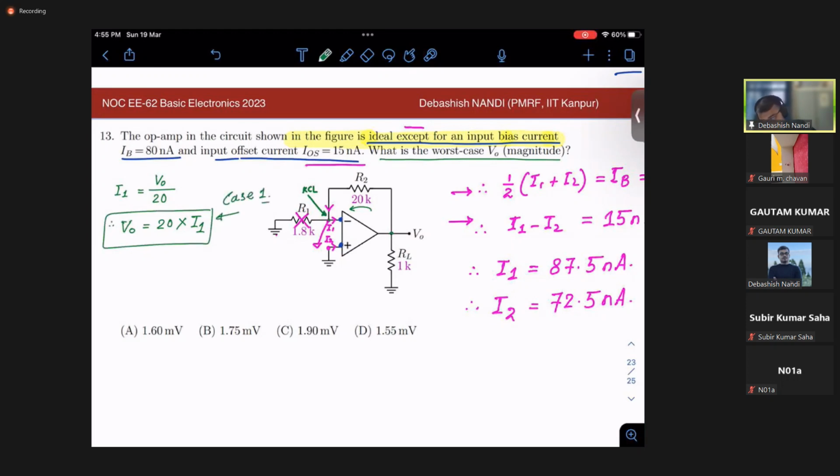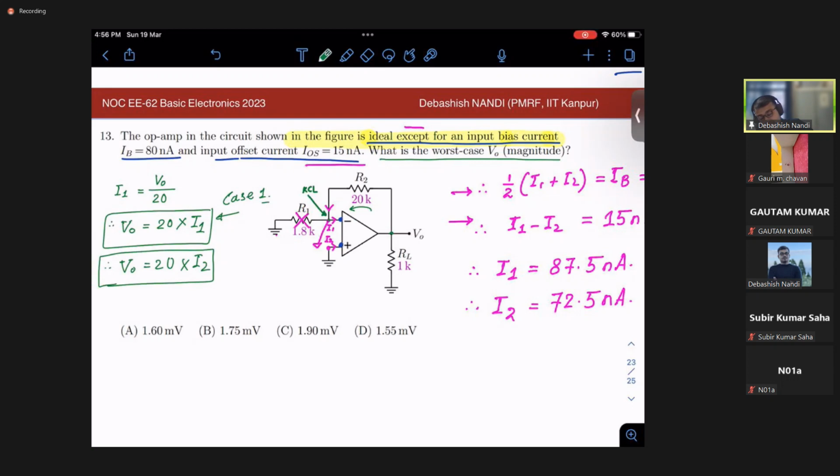This is your I0. And another case would be that your I2 is flowing into the minus terminal. So what is the worst case V0 value? The worst case V0 value will be, one case it is 20 into 72.5.